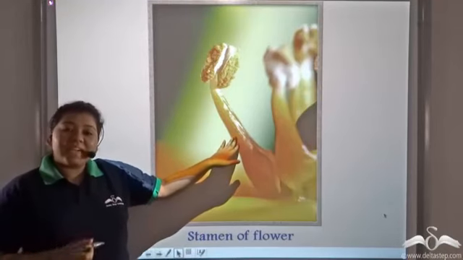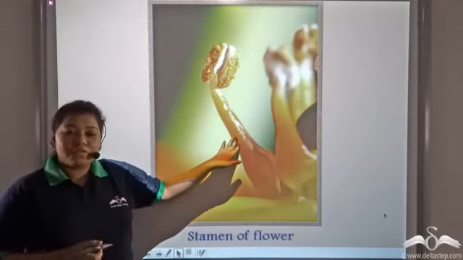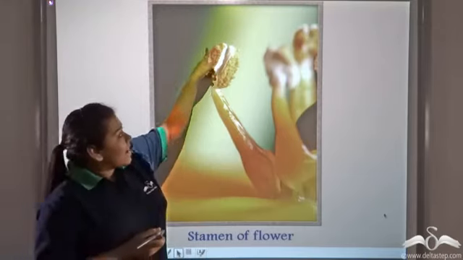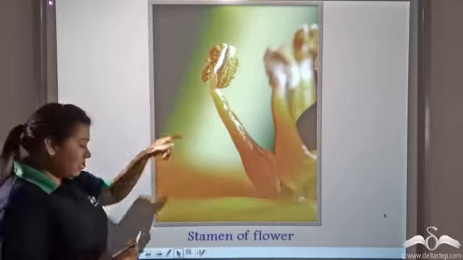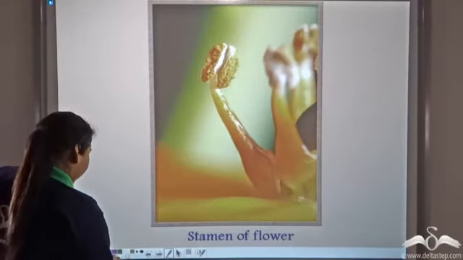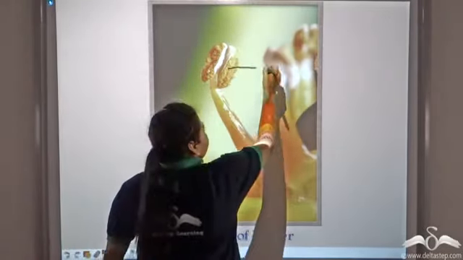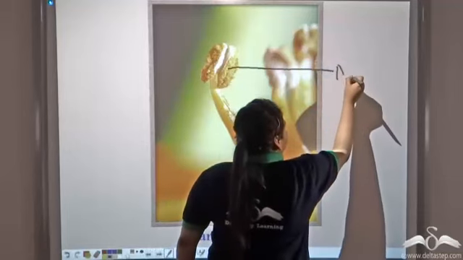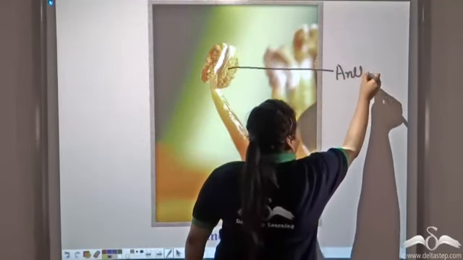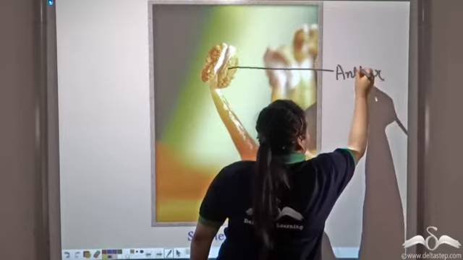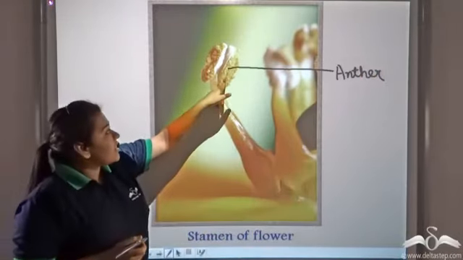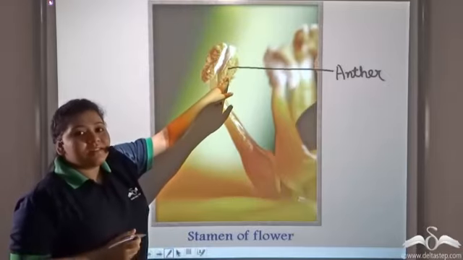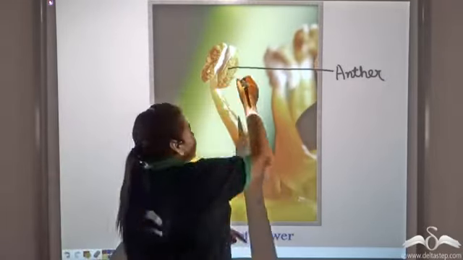The stamen is the male reproductive part of a flower. The head of the stamen is known as the anther. And the anther contains these spherical pollen grains.